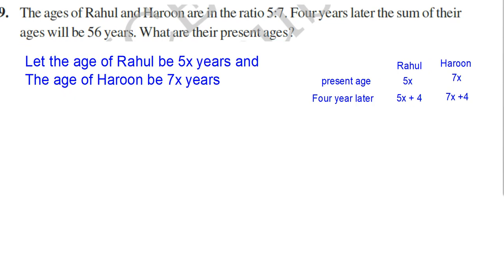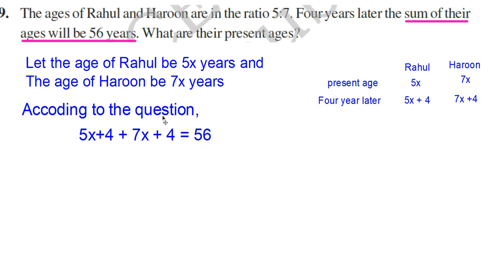Now the condition given here is 4 years later the sum of their ages will be 56 years. That we can write as, according to the question, 5x plus 4, that is Rahul's age 4 years later, plus 7x plus 4, Haroon's age 4 years later, equal to 56.